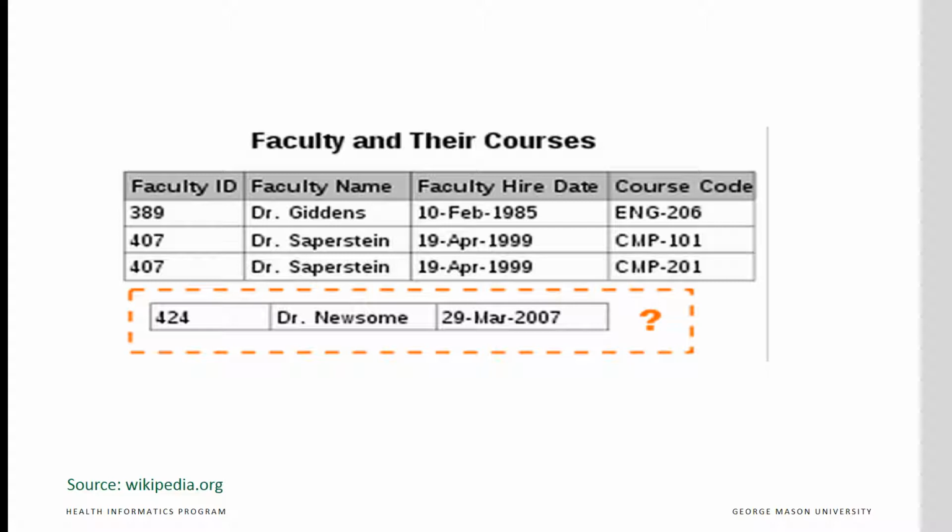But we cannot record the details of a newly hired faculty member who has not yet even been assigned to teach any courses, except by setting the course code to null. This phenomenon is known as an insertion anomaly. Entry in the course table requires knowledge of a faculty member who may not even be hired yet.